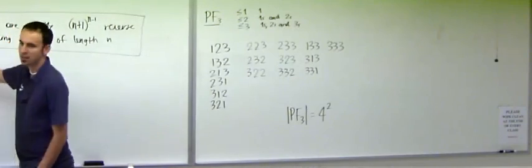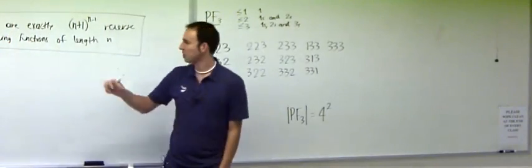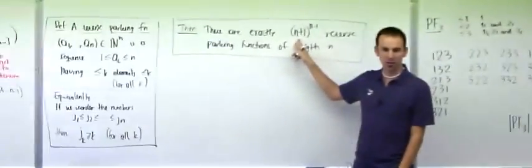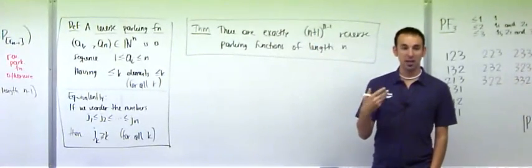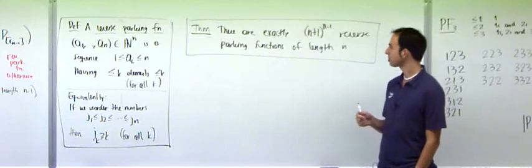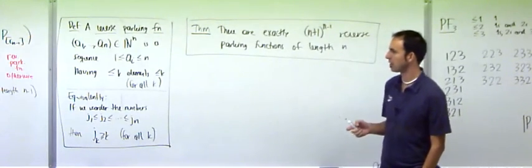Okay? And I hope you like this result, because we saw this number last week, but we saw it in a very different context, as counting the spanning trees of the complete graph. Okay? And here they appear again.